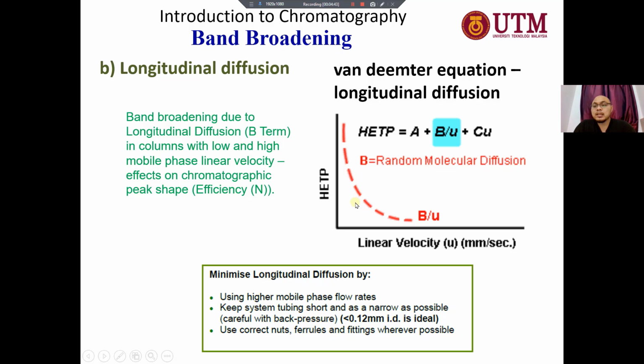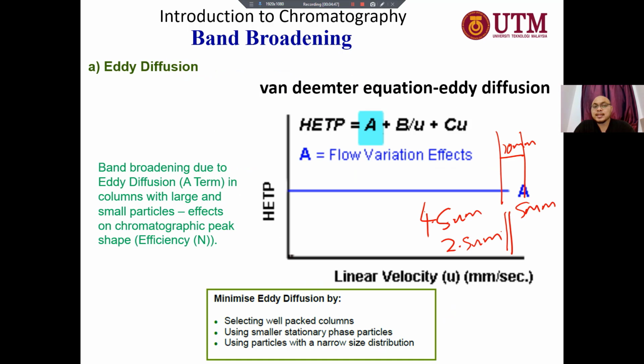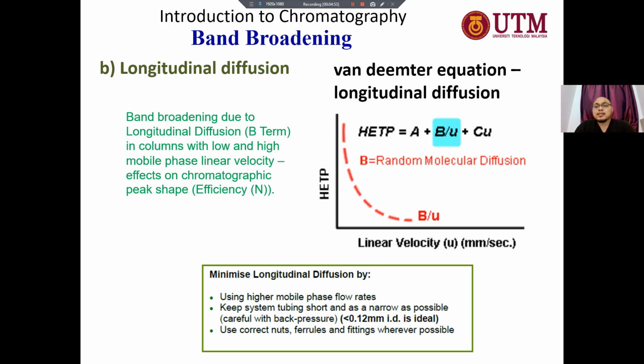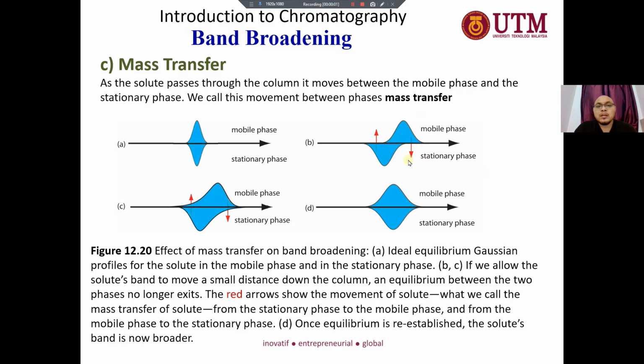We already learned about the multiple path, which we call eddy diffusion. The next one we will learn about is mass transfer. The last source of band broadening is mass transfer. What is mass transfer? Mass transfer occurs when the solute moves between the mobile phase and the stationary phase.